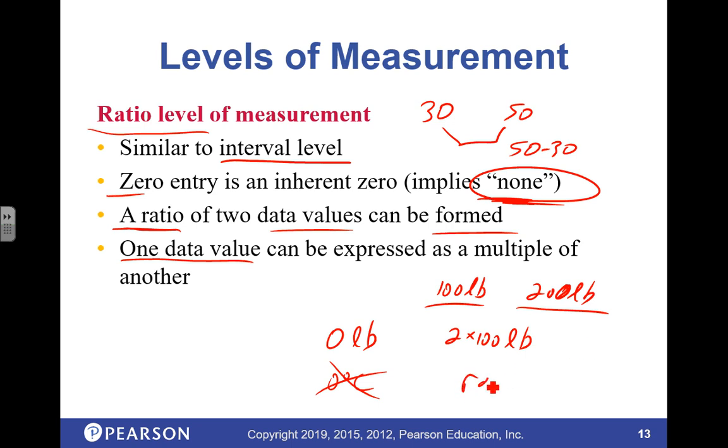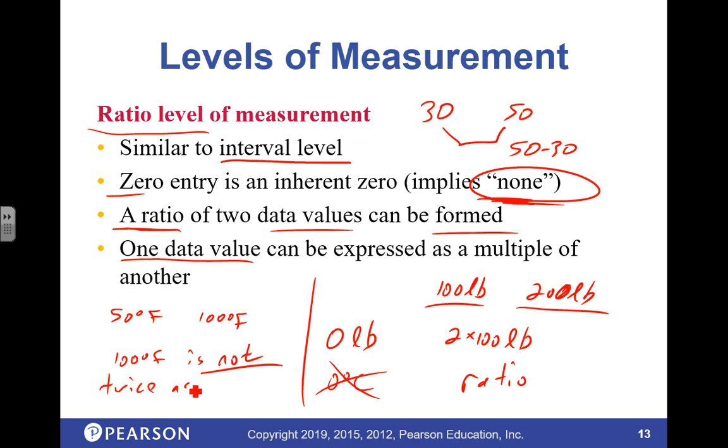So that is a ratio value. But what would not make sense is if I said one day it was 50 degrees Fahrenheit and in another location, or on another day, it was 100 degrees Fahrenheit. 100 degrees is not twice as hot. 100 degrees does not mean we have twice as much heat as we do when it's 50 degrees outside.